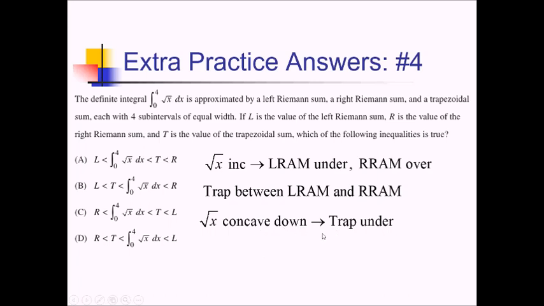Then, going from left to right, the smallest of all of these is going to be LRAM. That completely underestimates it. Trapezoidal rule a little bit underestimates it, so that one's next. Then you have the true value of the integral, which was being underestimated by these other two. And finally, that's going to be less than the overestimate, which was RRAM. So our answer choice is going to be B.